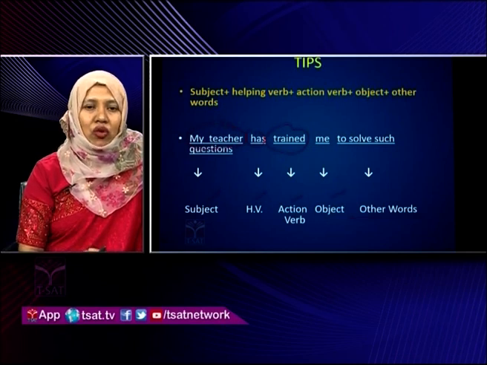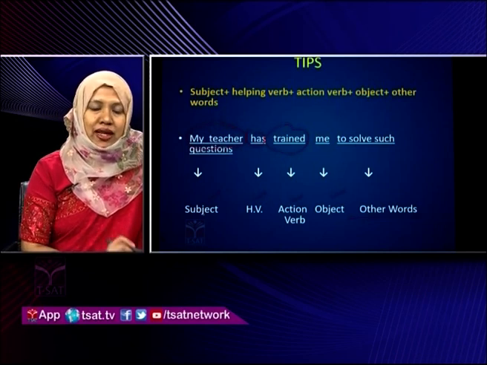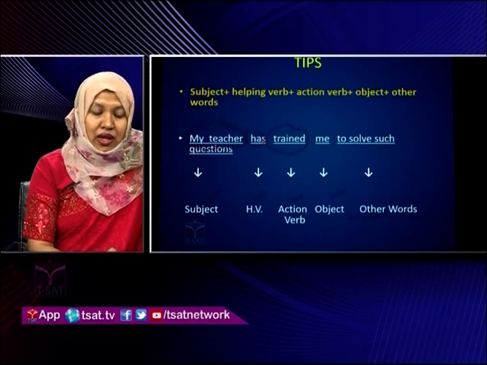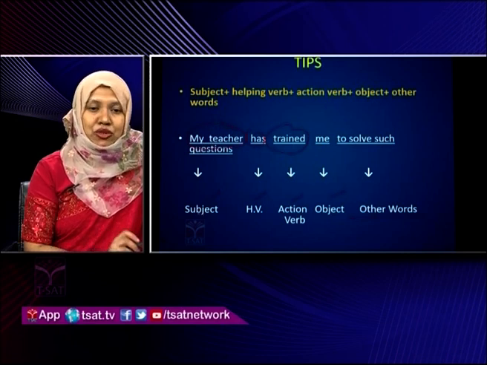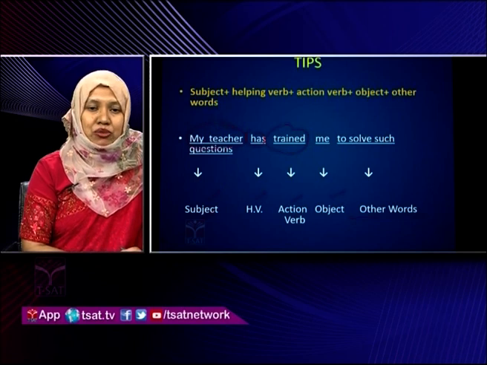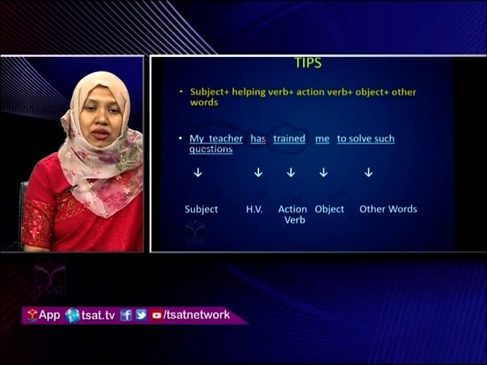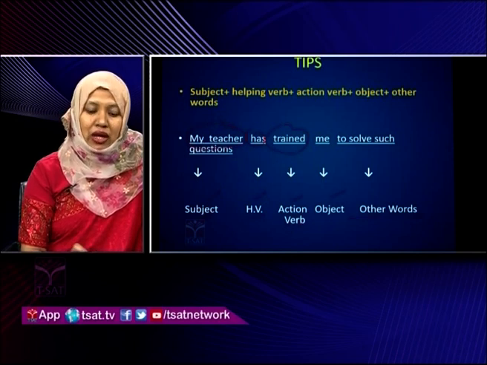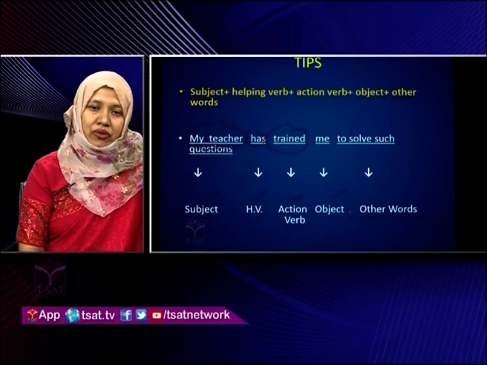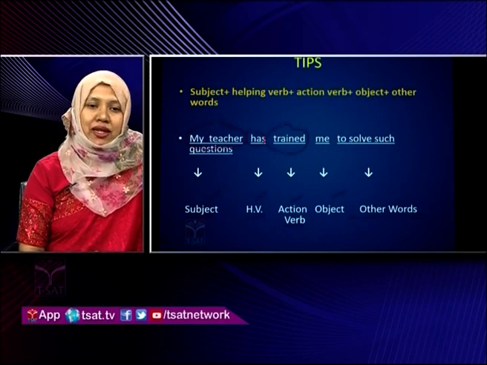So if the sentence is in jumbled words, you have to search for the subject. If you are able to identify the subject, then you can search for the helping verb, then go for the action verb, and go for the object and other words. It will be easy for you. So this is one of the important basic tips on how to arrange the sentence.